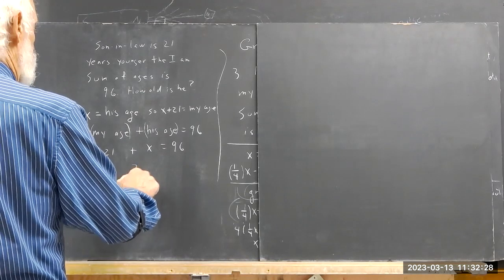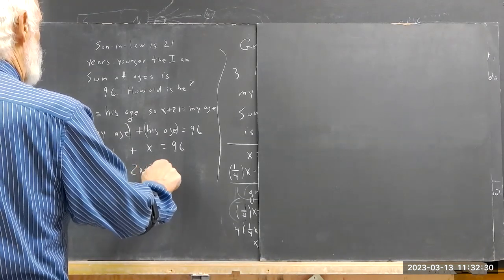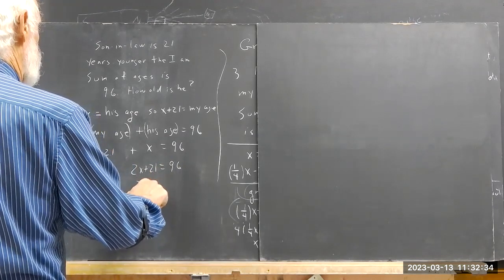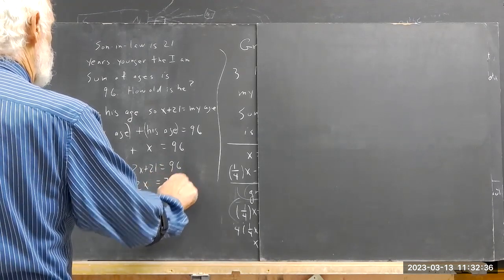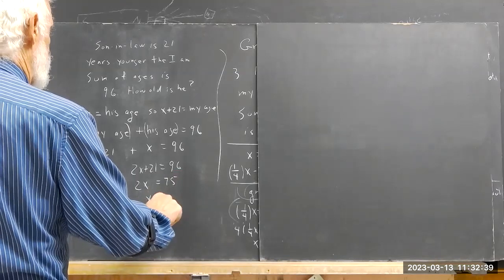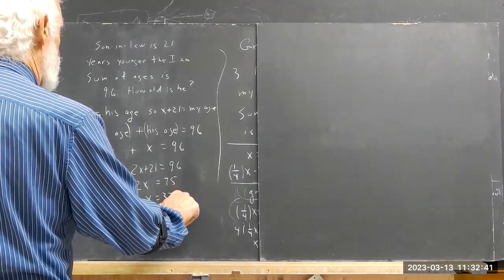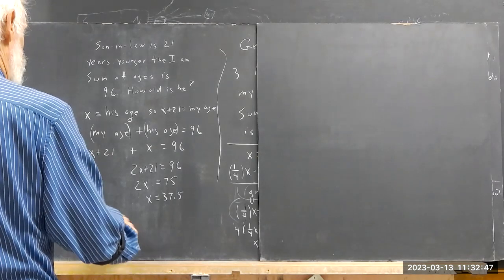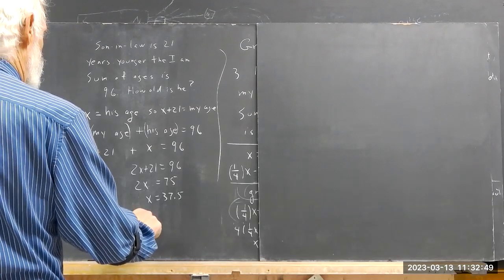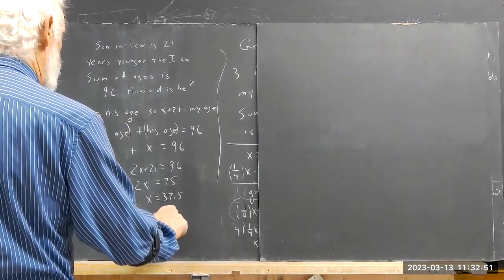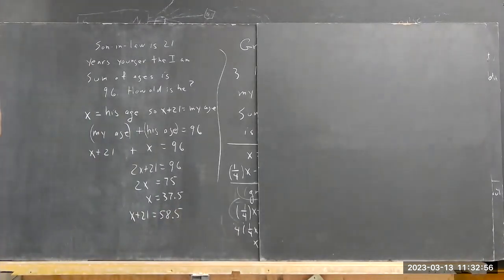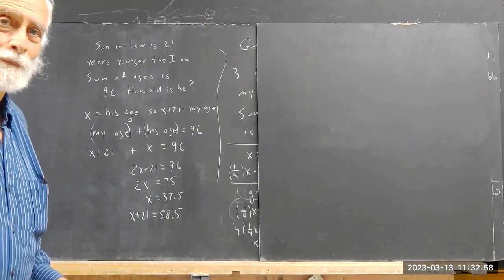Well, that gives us 2X plus 21 is 96. 2X is 75, so X is 37.5. And then X plus 21 is 58.5.